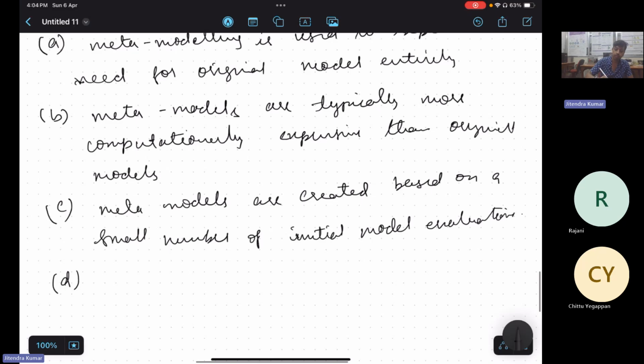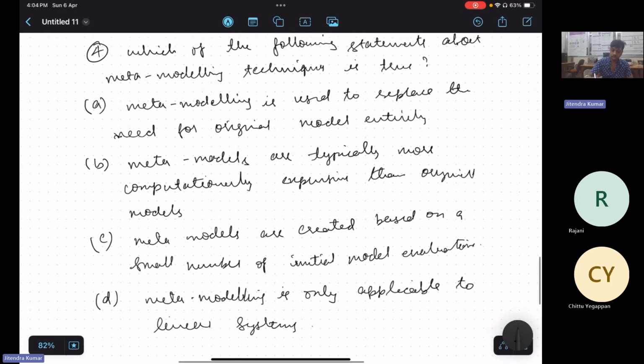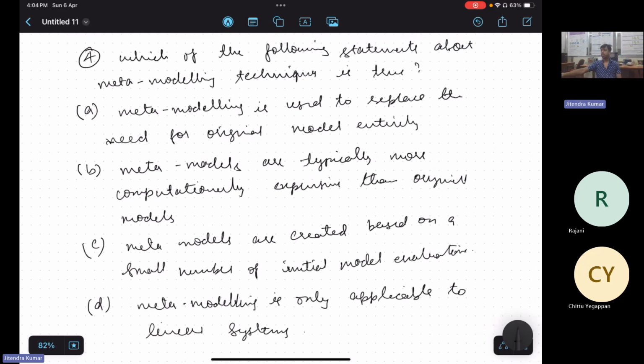D: meta modeling is only applicable to linear systems. Okay, so this is regarding meta modeling. What is meta modeling?